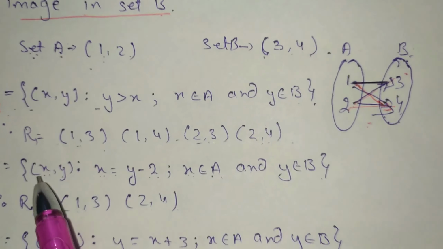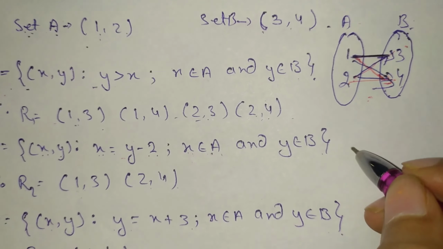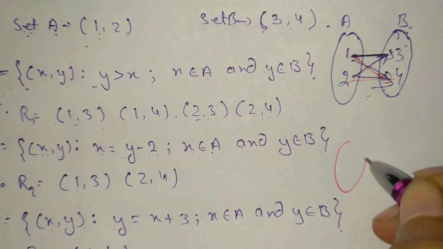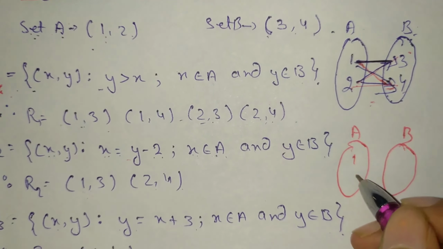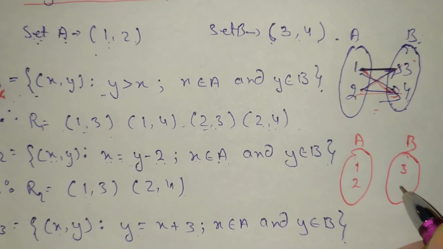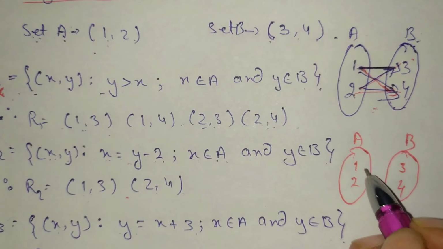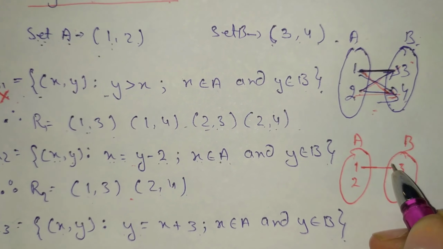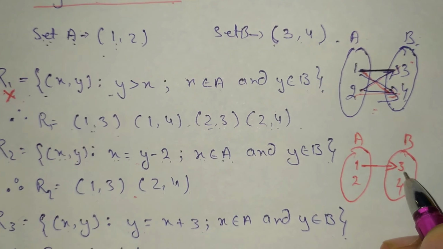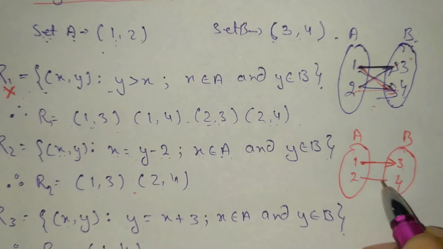Now let's see R2. Again we have set A and set B, the elements of set A are 1, 2 and the elements of set B are 3, 4. Now 1 has an image with 3 and 2 has an image with 4.